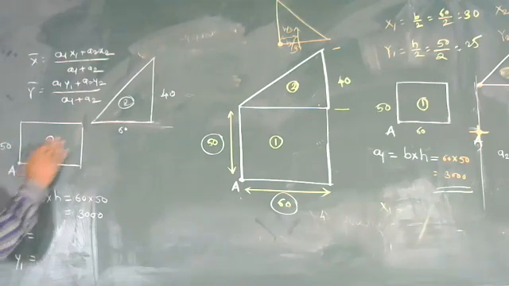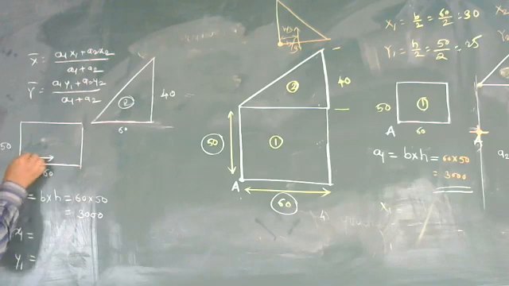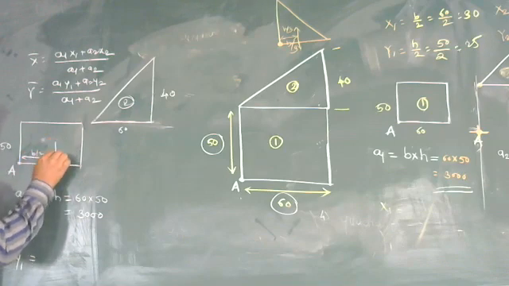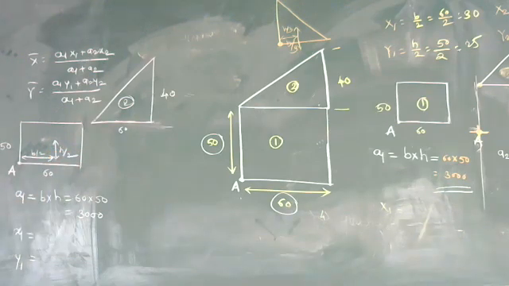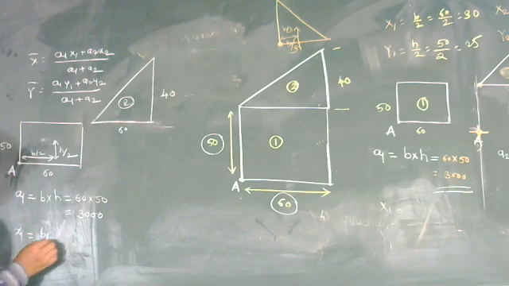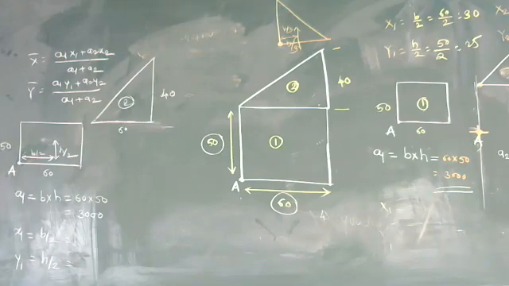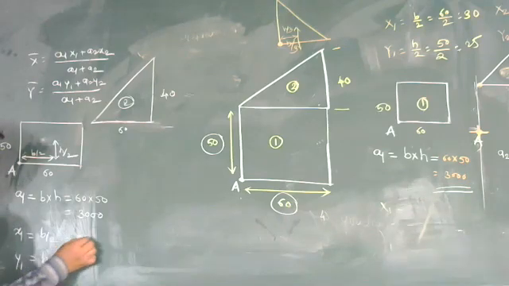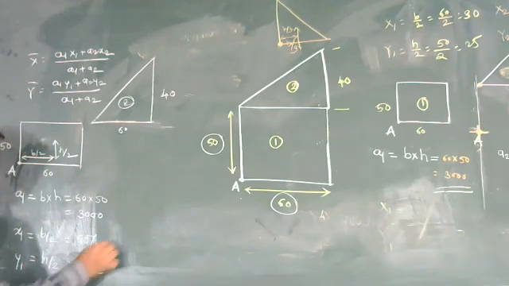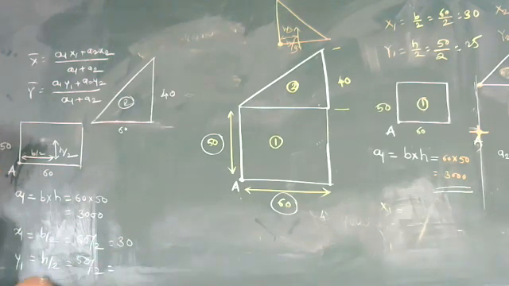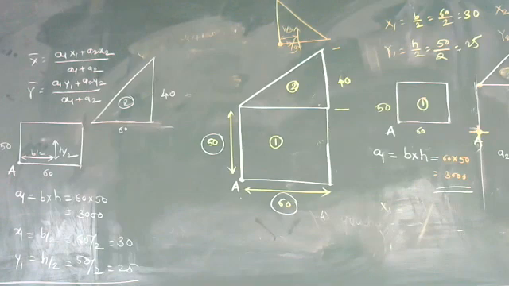From this location B by 2 and from this height H by 2. Is it correct? Yes. So X1 will be B by 2 and Y1 will be H by 2. So B is here 60 divided by 2 and H is equal to 50 divided by 2. So it will come 30 and it will come 25. First part we have completed related to the rectangle.